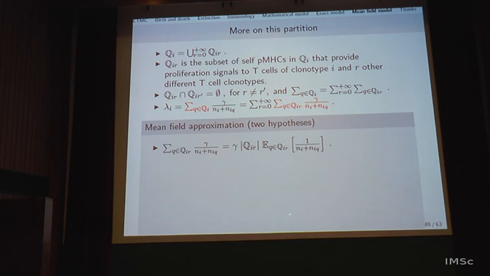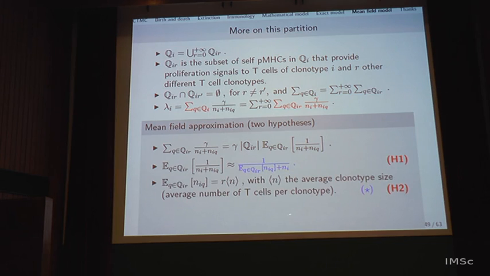So I have to make two simplifying hypotheses. The first one is to do what I tell my students not to do: if you have a nonlinear function, the expectation value is not the value of the function. But anyhow, to a first approximation, there are more terms here that I'm ignoring. So this expectation value goes inside.